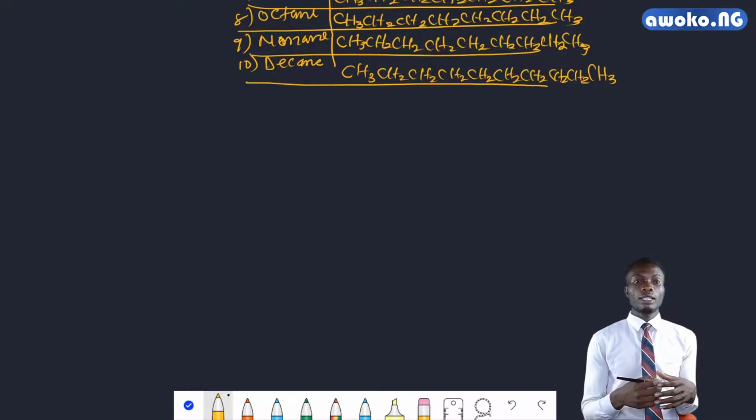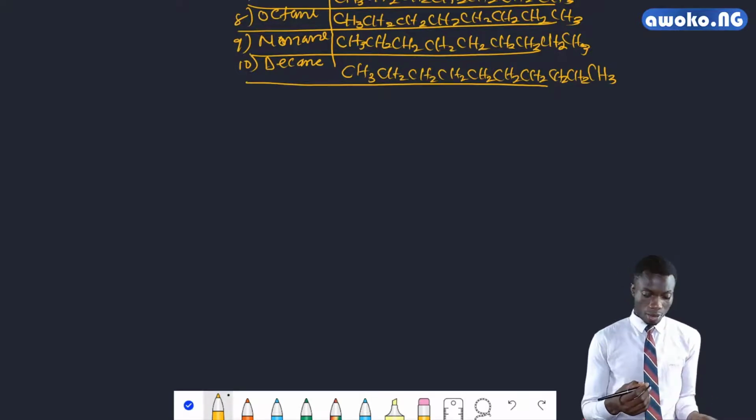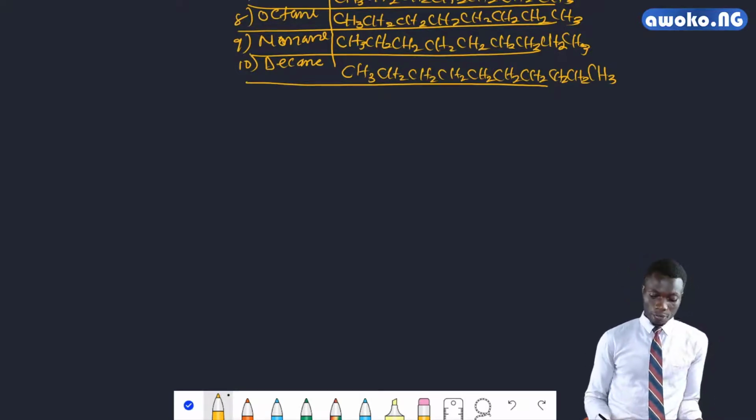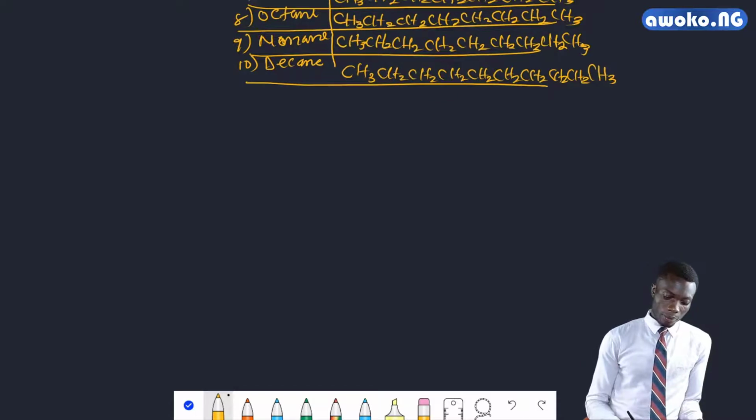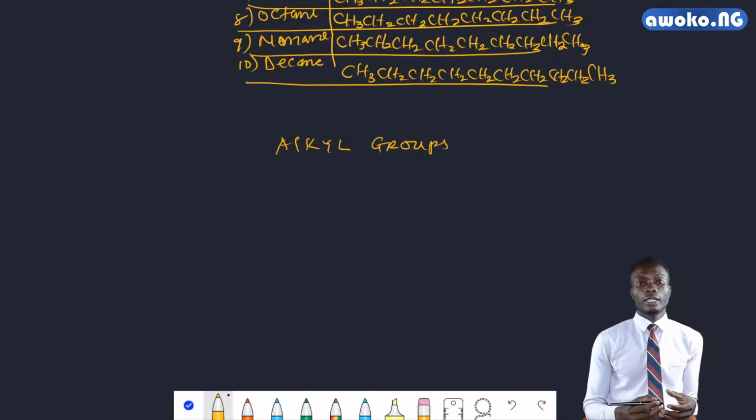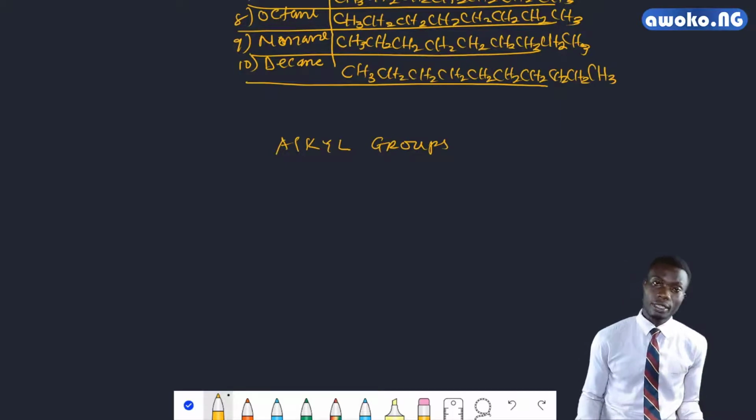Alkyl groups are like the branches you will see when trying to name alkanes, so that when we get there, it's not going to be difficult for us. Now, alkyl groups are a very important group in the alkane series.